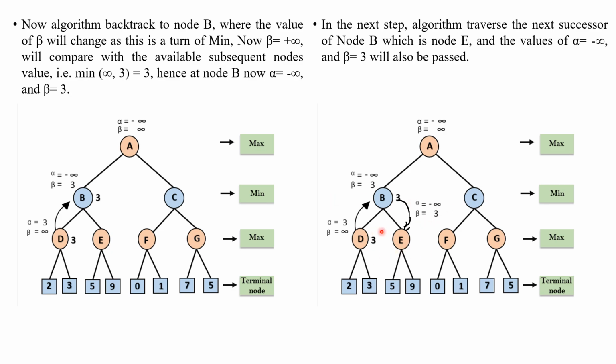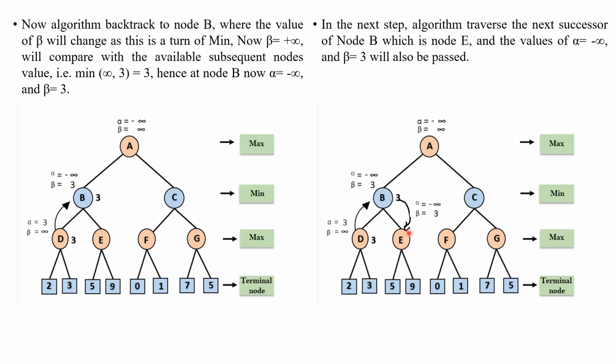Here again this is a max node, so alpha should be updated by taking the maximum value. Minus infinity is compared with 5, so alpha will be 5. Beta is 3. What is the condition for pruning? Alpha greater than or equal to beta.